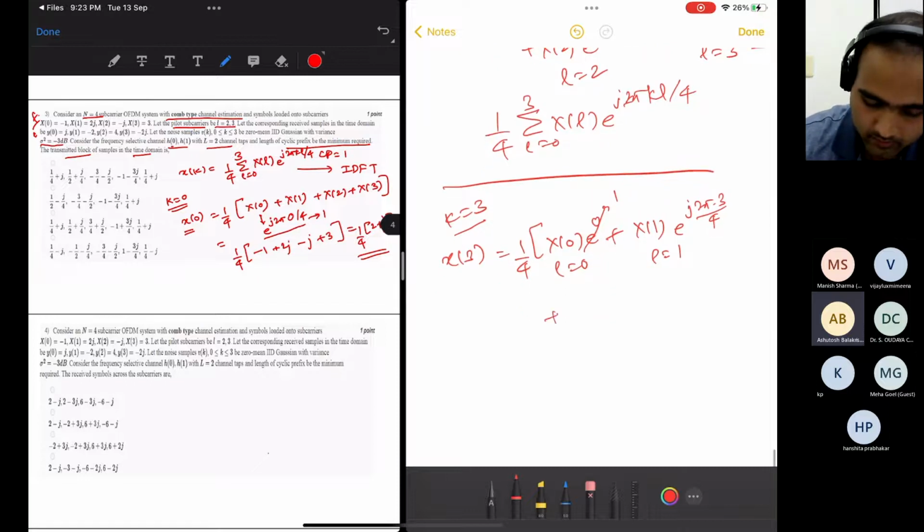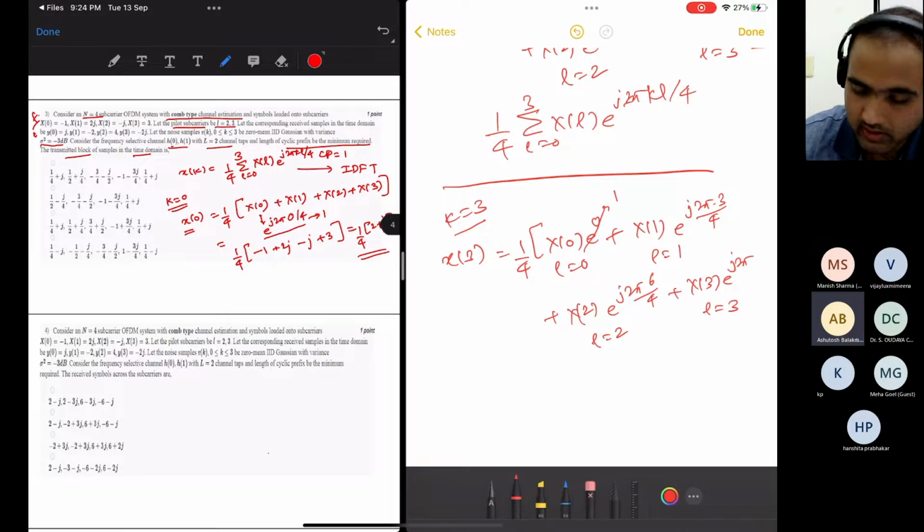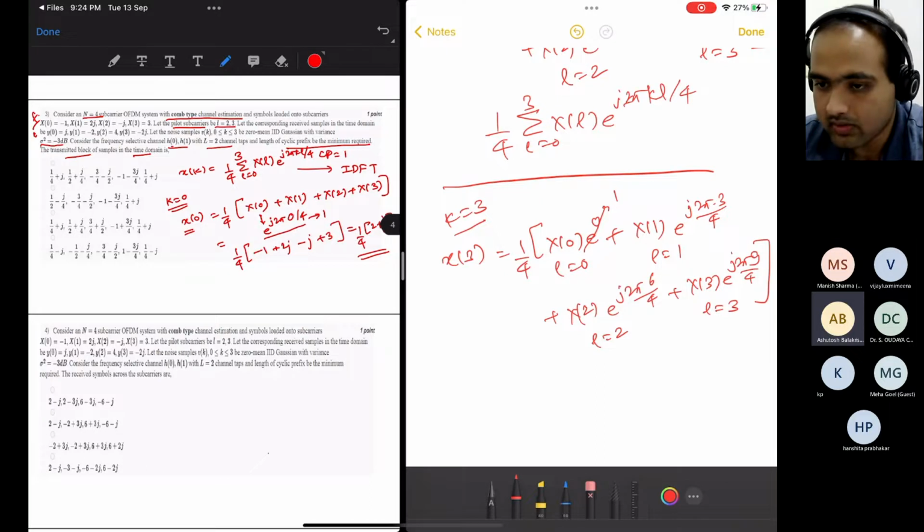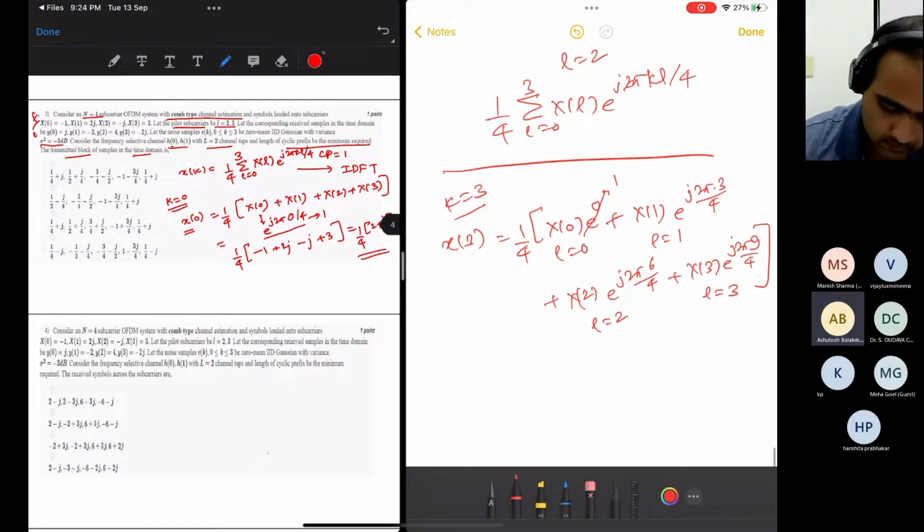Similarly, we have x of 2 e to the power j 2 pi, for L is 2, k into L is 6, so we have 6 by 4. Similarly, x3 e to the power j 2 pi, now L is 3, so k into L is 9, 9 by 4. Any doubts in this? Okay.